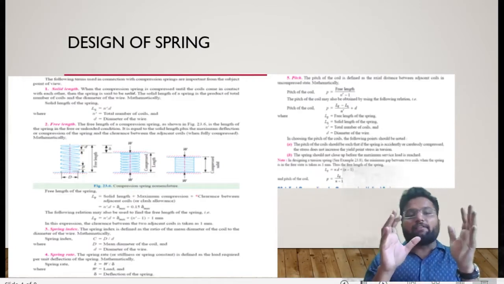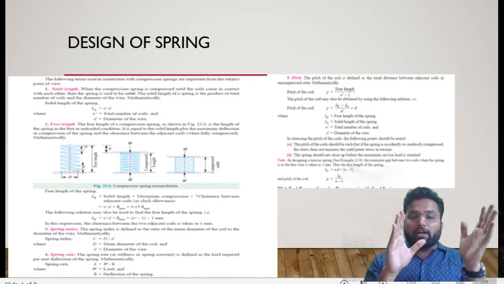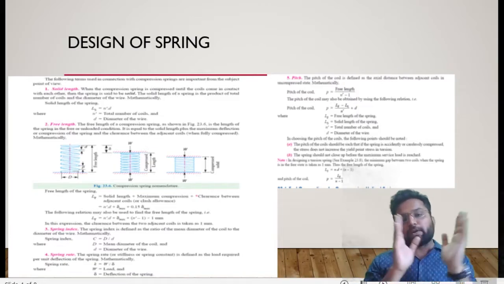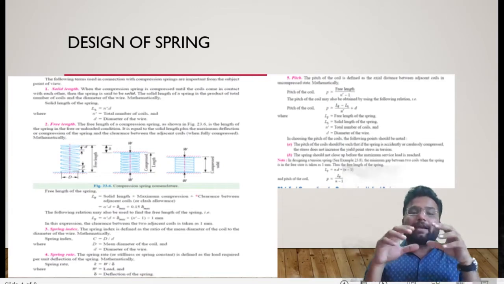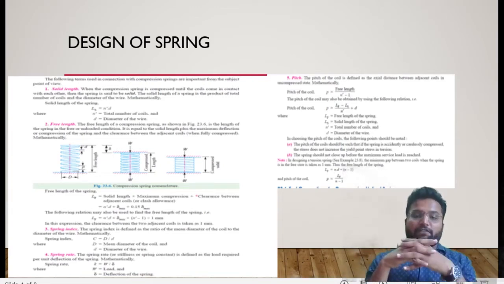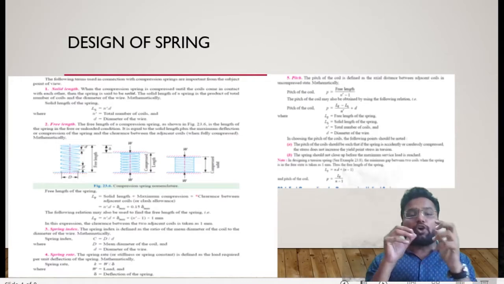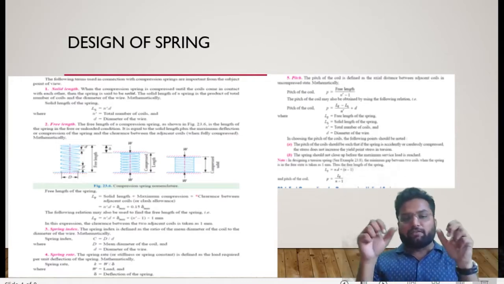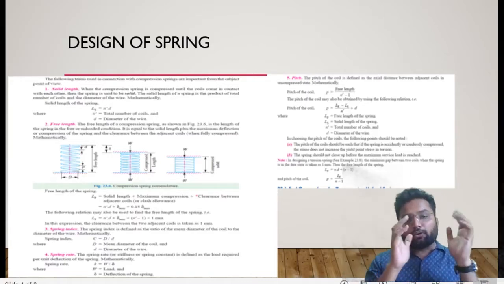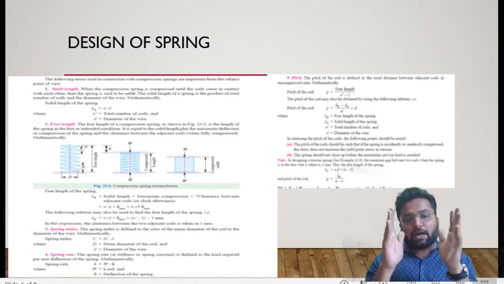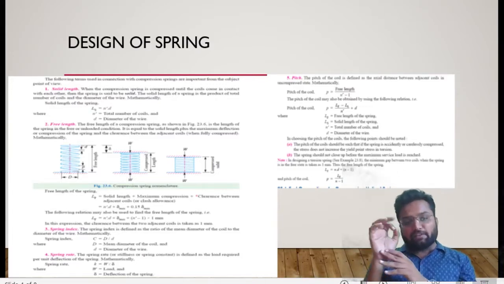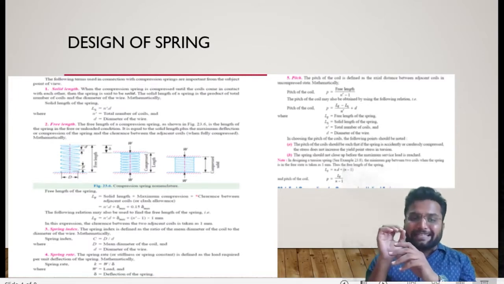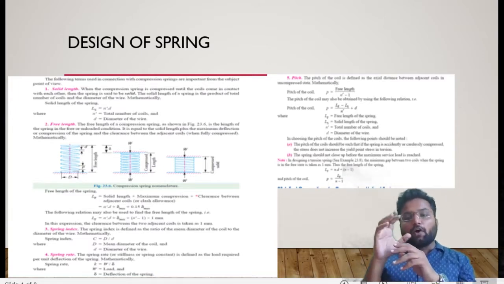This is an empirical formula, clear, but the part that is solid length plus maximum deflection is a geometrical formula. So the formula for free length is a combination of a geometrical formula and an empirical formula. It can be represented by solid length plus maximum deflection plus 0.15 of maximum deflection. We are going to use this same equation for our example.